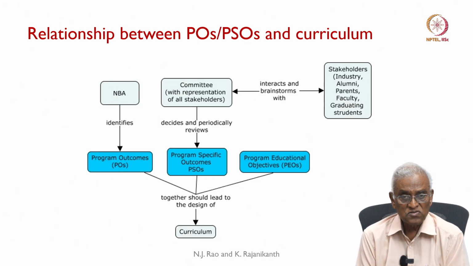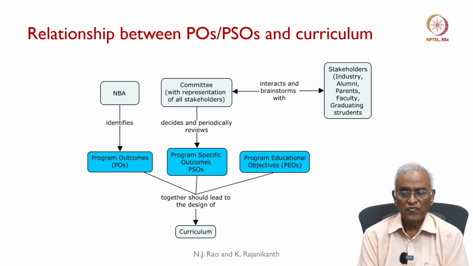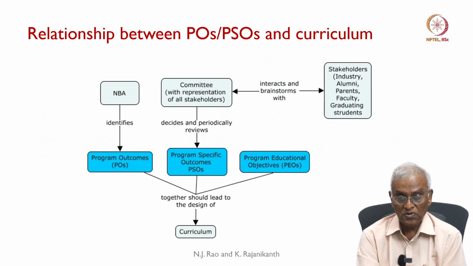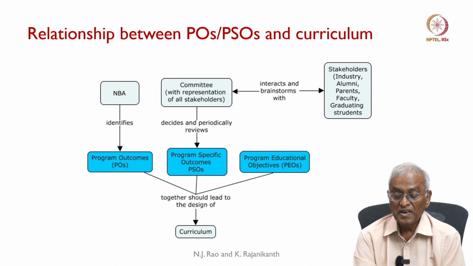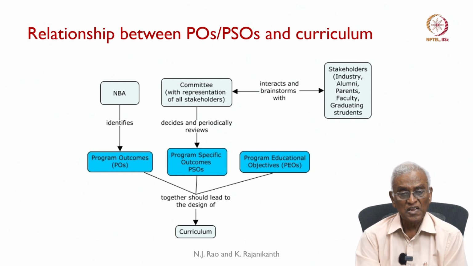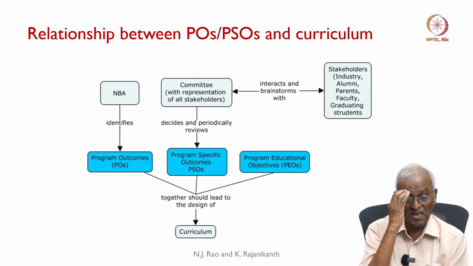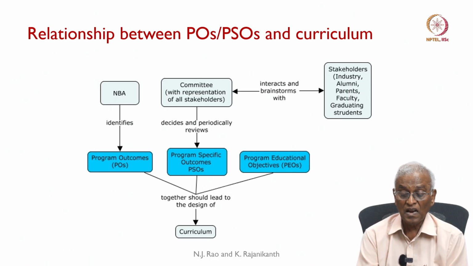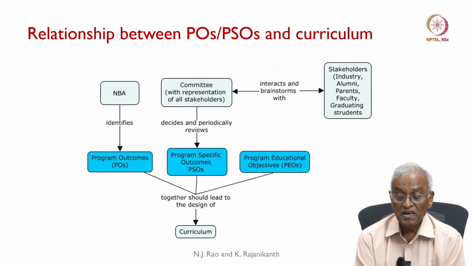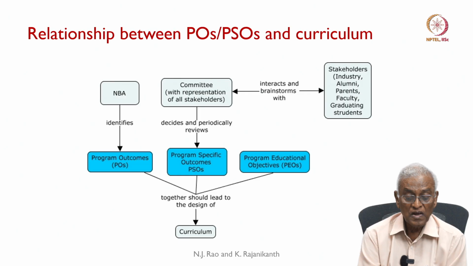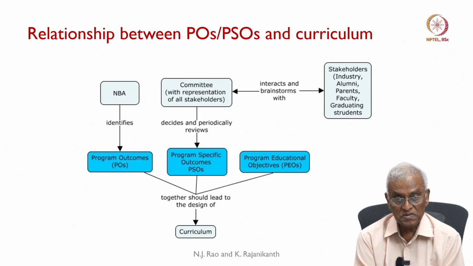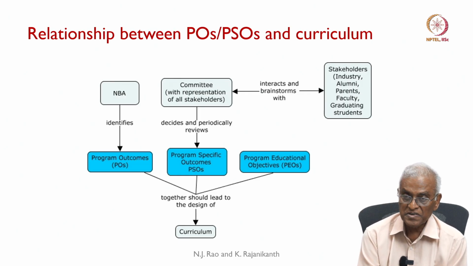Now, here also we have a similar approach, similar to creating PEOs. NBA identifies program outcomes. Then you have a committee, whatever name you give, you can call it academic committee, board of studies, anything that you consider relevant. And this committee will decide and periodically review program specific outcomes, PSOs, and program educational objectives.